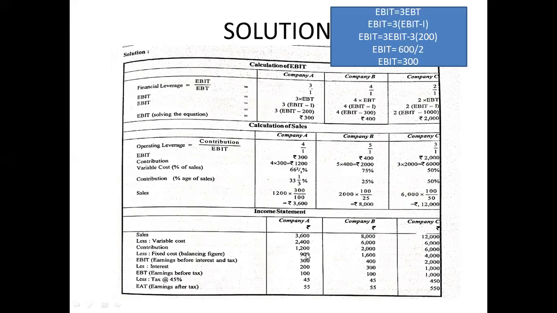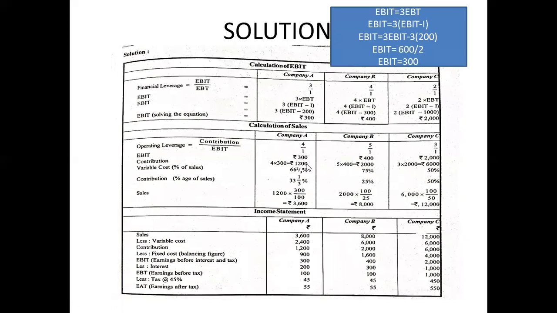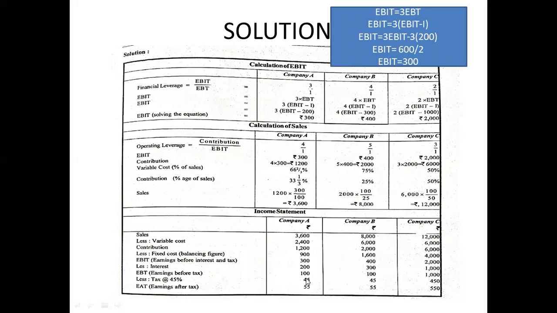So EBIT is 300, out of which we will subtract 200 interest that was given to us in the question. 200 interest हमने minus कर दिया. अर्निंग्स बिफोर टैक्सेस हमारे पास 100 आ गए. हमें क्वेश्चन में गिवन है इनकम टैक्स कितना है, 45%. सो 45% हमने टैक्स माइनस किया, हमारे पास अर्निंग्स आफ्टर टैक्स आ गई 55.